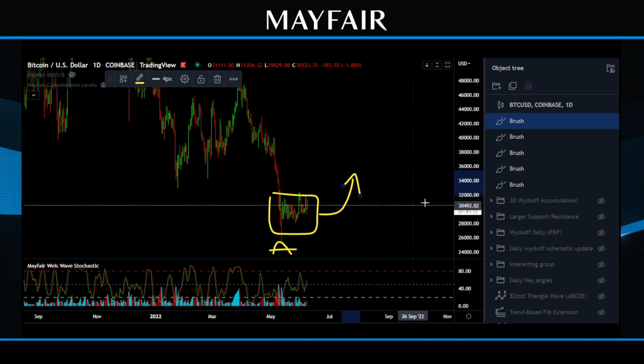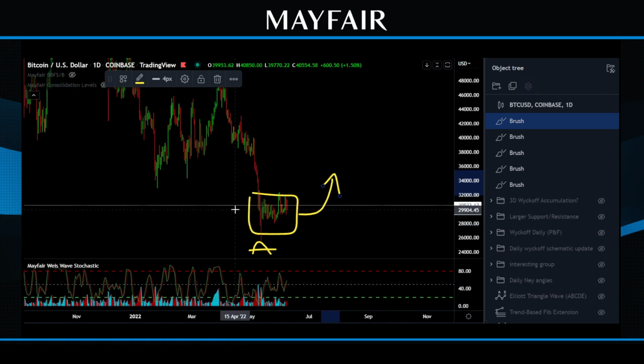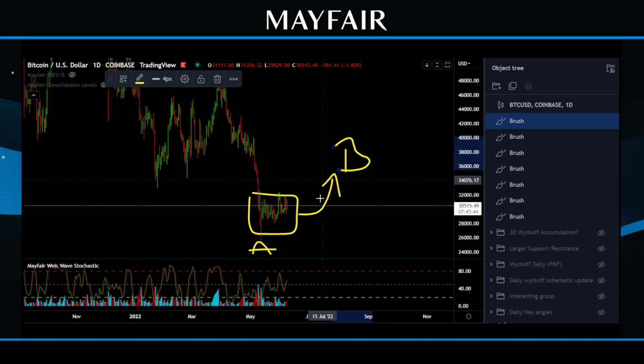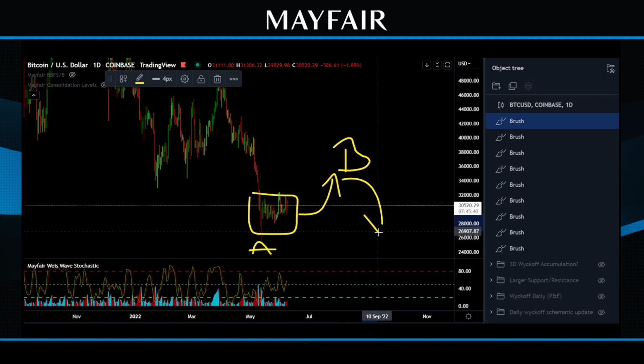Okay. Now, the trick for me with this is I think we come up for the B. I'm not talking about the levels right now, I'm just saying we're talking the B. And then I think what we're actually going to see is back down for the final C. This C will give us the end of the zigzag.